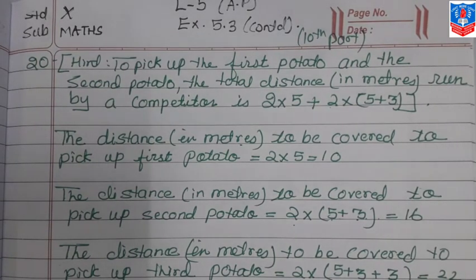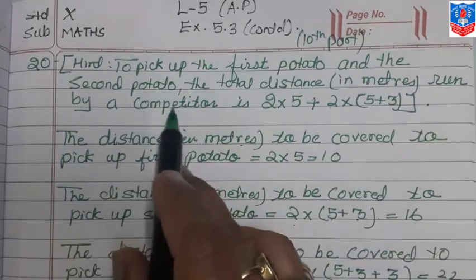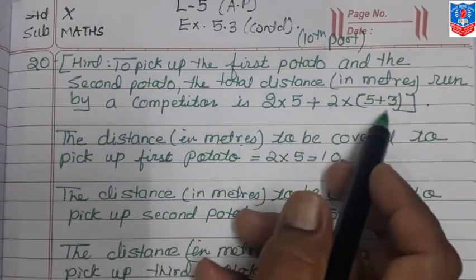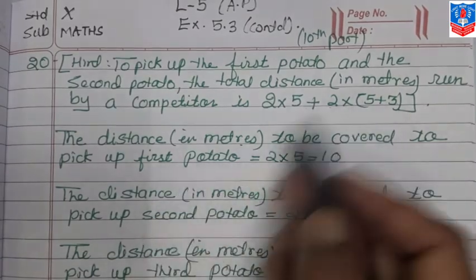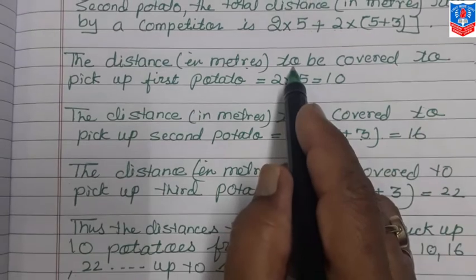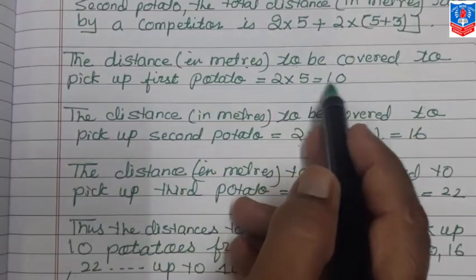Now here, the hint is there to pick up the first potato and the second potato. The total distance in meter run by the competitor is 2 into 5 plus 2 into 5 plus 3. आना जाना होता है. The distance in meters to be covered to pick up the first potato, 2 into 5 equal 10.